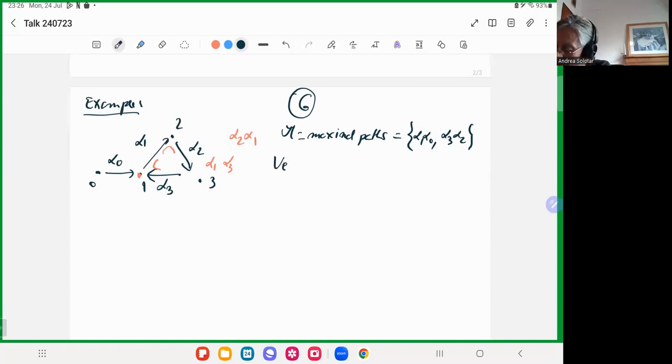So which are the vertices of the ribbon graph Xi? Well, it is the set M of maximal paths union the set of those vertices in Q such that they belong to only one maximal path.